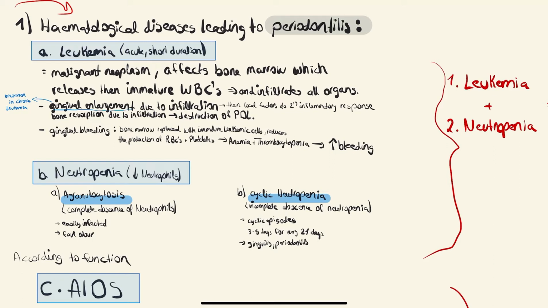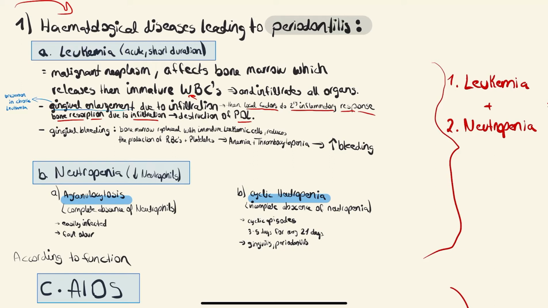So regarding dentistry, it leads to gingival enlargement due to infiltration of the immature white blood cells. Then local factors come and release a secondary inflammatory response. We have alveolar bone resorption due to infiltration, and the periodontal ligaments will be destroyed.